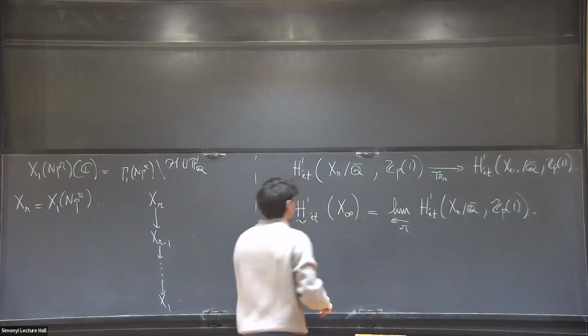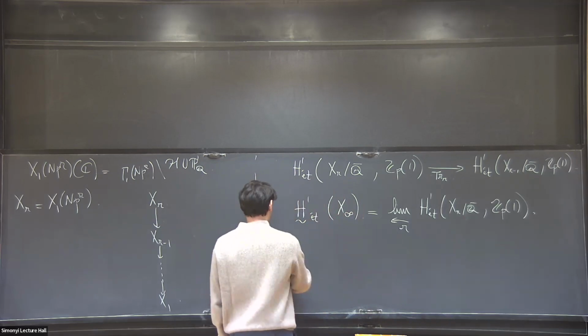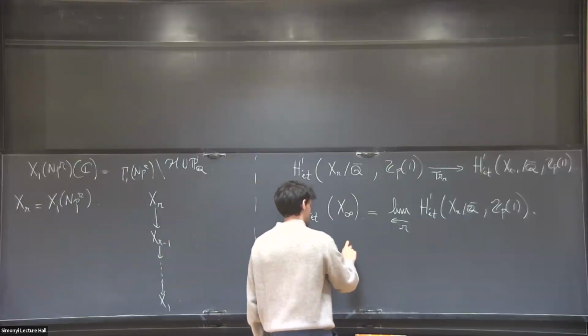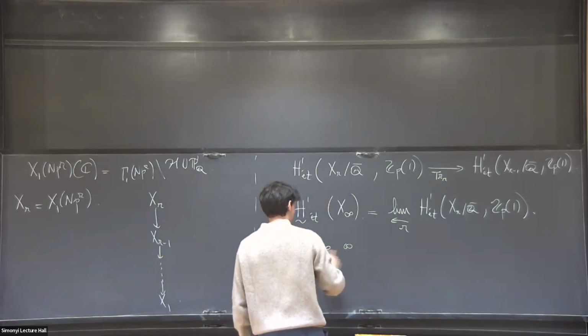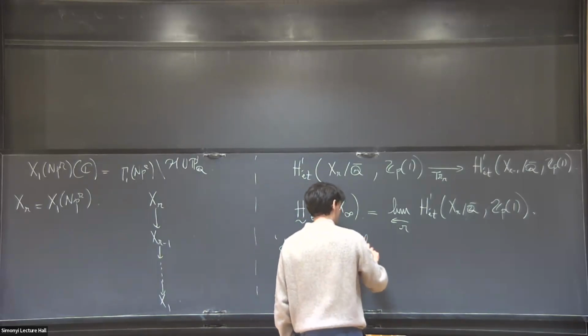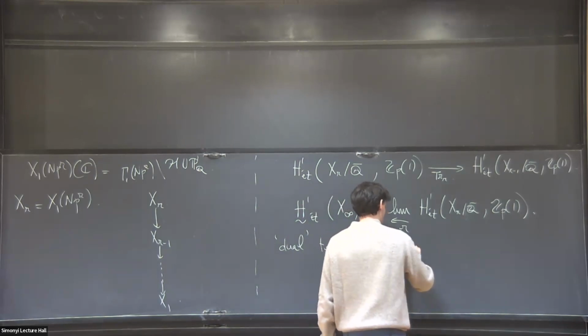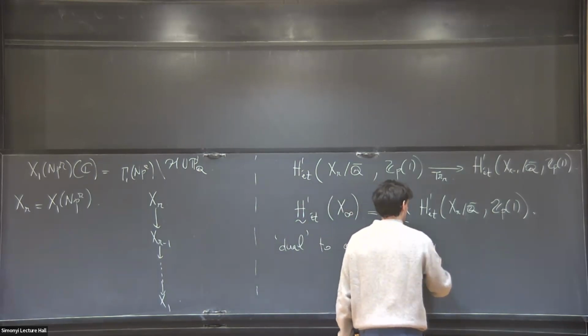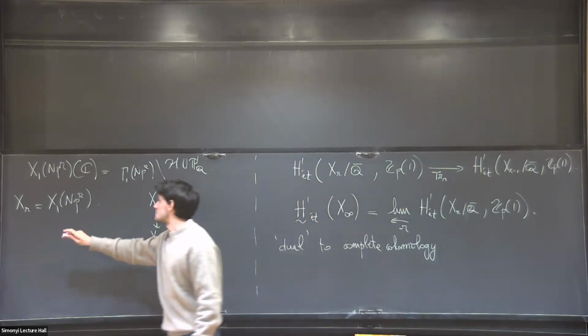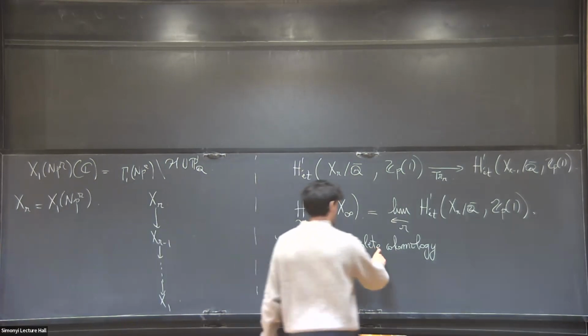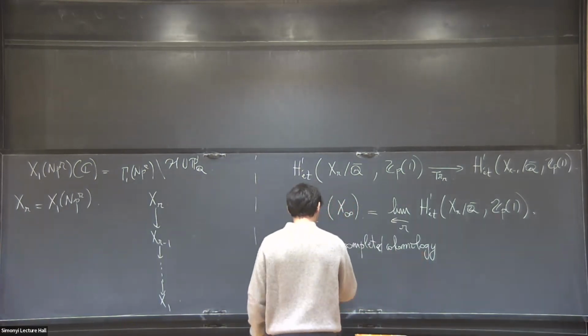Okay. So this is some sort of dual to completed cohomology, but only when you're looking at unipotent levels, so this type of level structure. So I just say what I mean by completed cohomology.